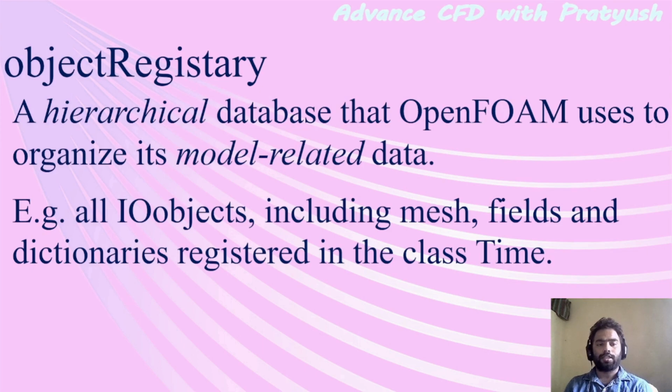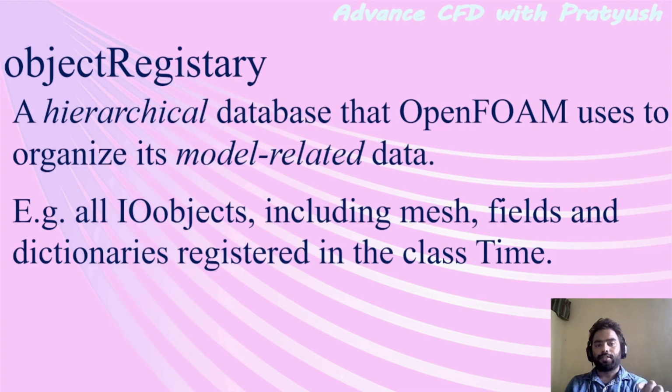Now the next question is why the object registry is required. You know that we generally use the finite volume method in OpenFOAM. Finite area method is also possible. Finite difference method is also possible. So to use those methods or techniques in OpenFOAM, it is generally easy to code those long equations in the form of snippets.